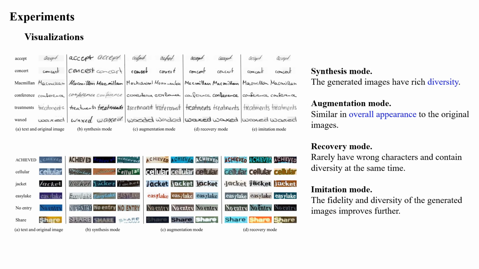This is because only the image attributes are included in image condition, and the unique contexts among characters included in text condition are missing. After adding text condition, the generated images rarely have wrong characters and contain diversity at the same time. Finally, when style condition designed for handwritten text is added, the fidelity of the generated images improves further, indicating that style condition plays an important role in image generation.